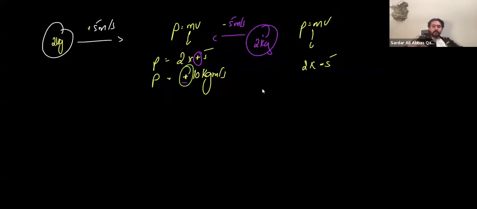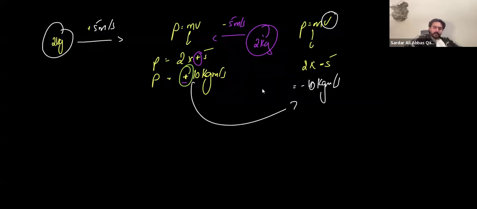Because if we assume that both of these are traveling with positive 5 velocity, then there is no difference. Then this is not a vector quantity. Remember, for velocity you have to include the direction. So it's going to be 2 into negative 5, that is minus 10 kg meters per second. The only difference over here is this negative sign. Is this clear?